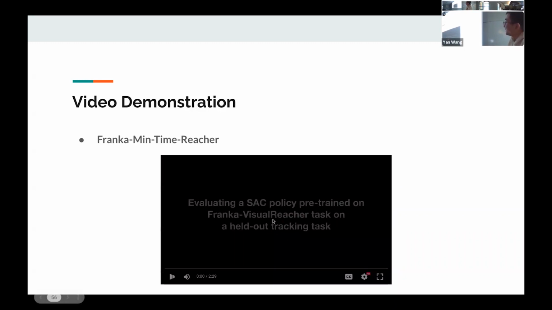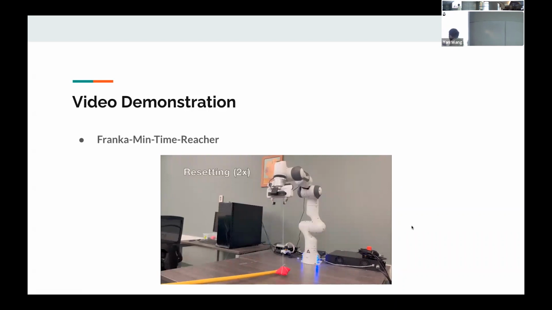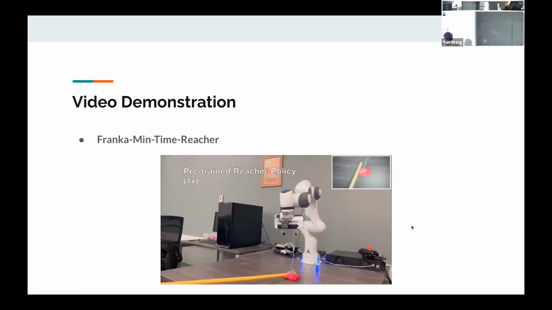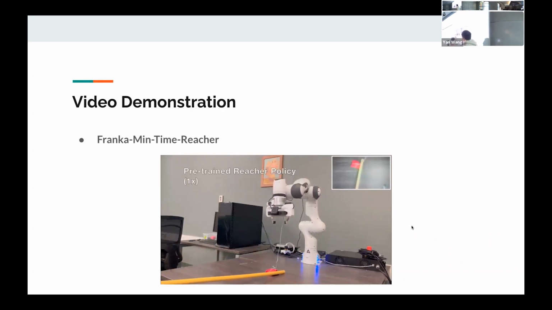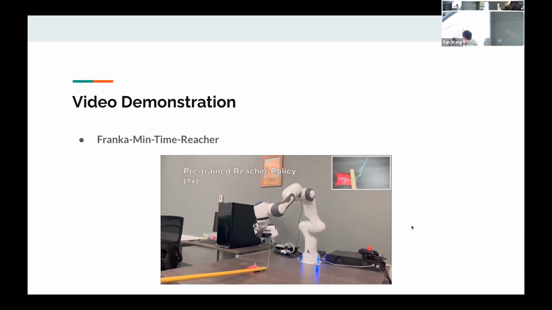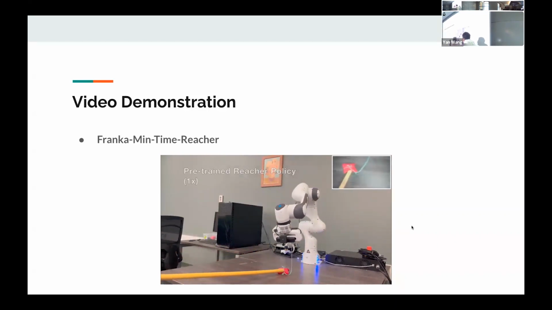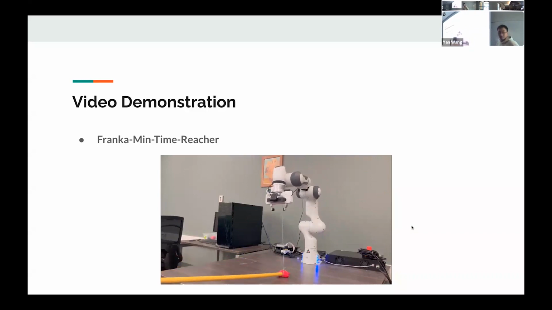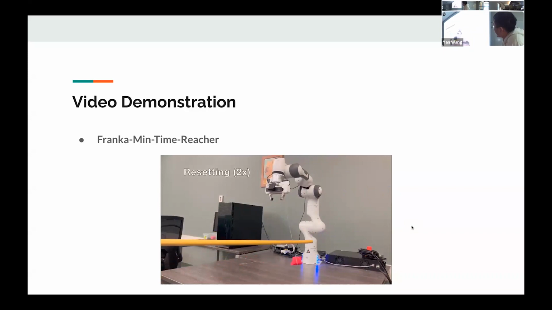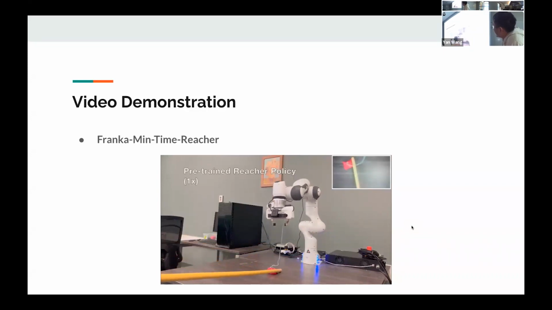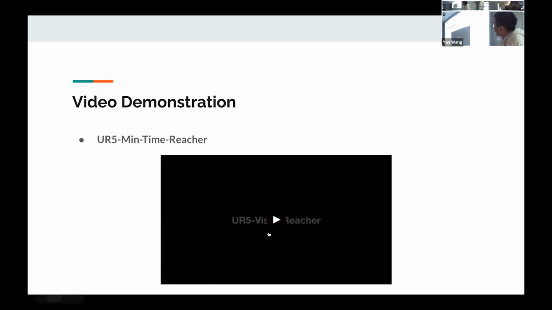This is the behavior of Franka minimum-time reacher. Although this target was fixed in the training, we can move it during the testing, so that the Franka reacher can also reach the target. Okay, so let's move to the next one, the UR5 minimum-time reacher.